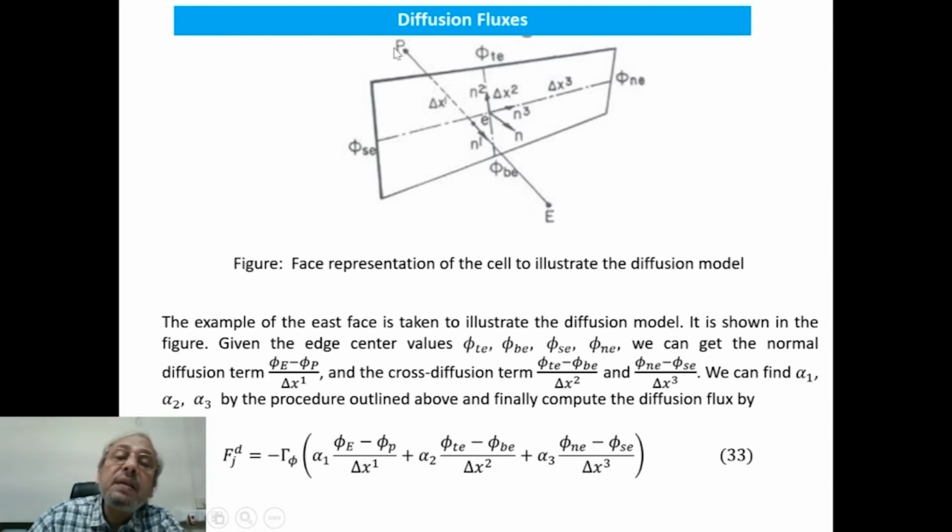Above the P cell there is a cell, the center of which is given by uppercase T. And above this eastern cell there is a cell, the center of which is given by uppercase TE. It is basically the eastern neighbor of the top cell, which is just above the P cell.